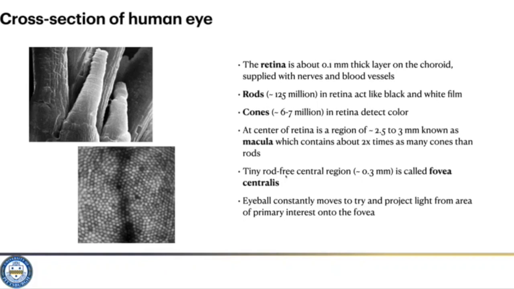And so as you can imagine, since the actual region where you get the perfect color vision, or as good a color vision as we can get, is the fovea, the eyeball is constantly moving to try and project light from the area that you're interested in onto the fovea. So this was actually a micrograph of the rods and cones in the salamander, and this is an actual micrograph of the human eye. You can see there are a lot more cells and so on, and you can actually see how dense this region is.